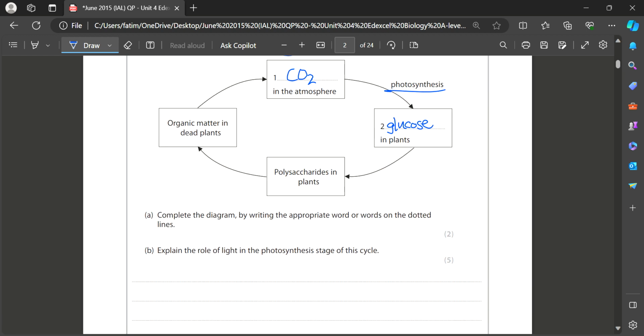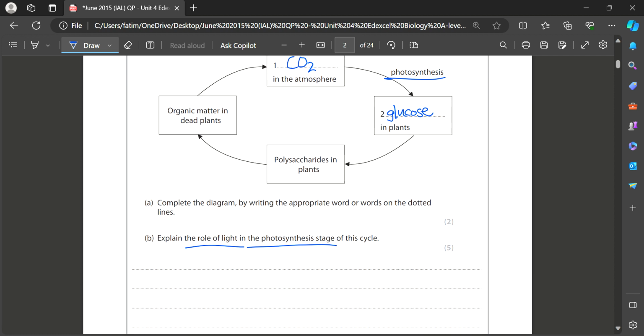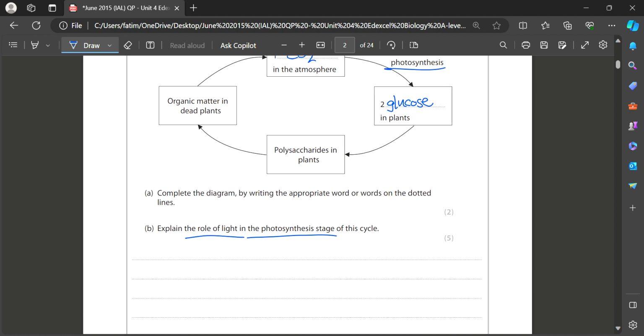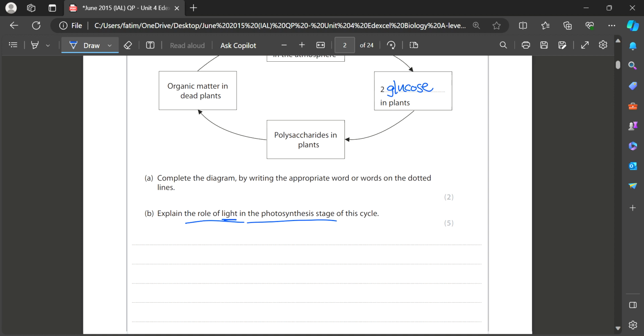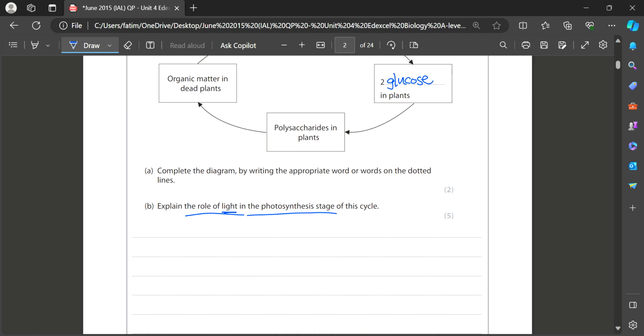Then we need to explain the role of light in the photosynthesis stage of this cycle. Now we need to explain what light does. So obviously light is used in photolysis. That's like the first part. Light is used in photolysis.